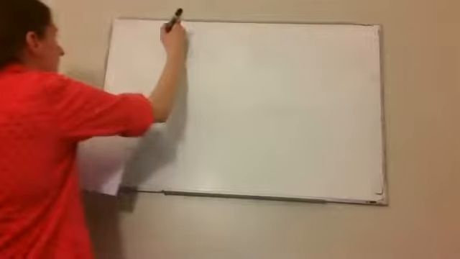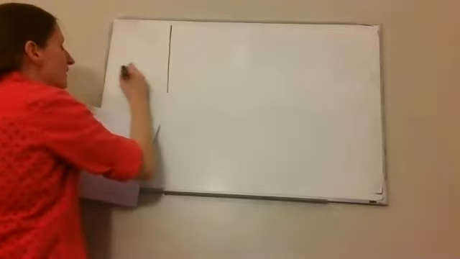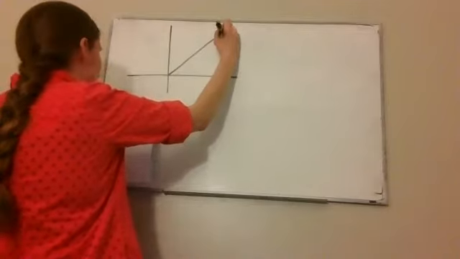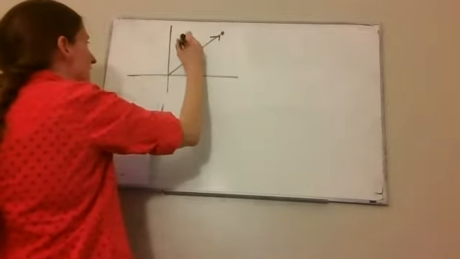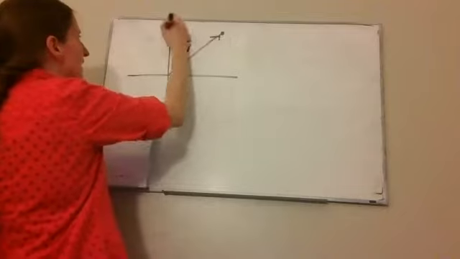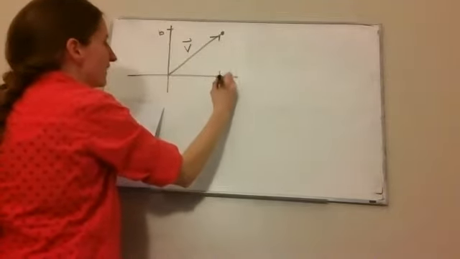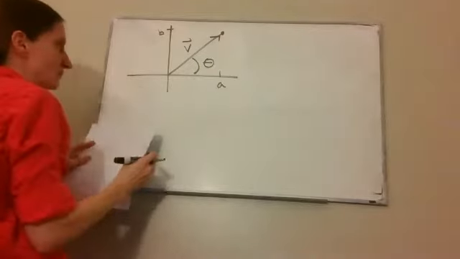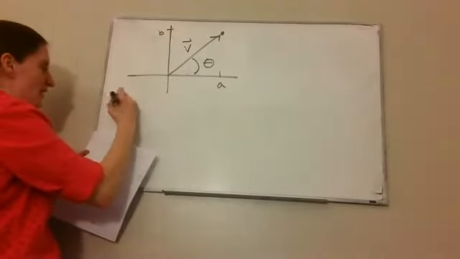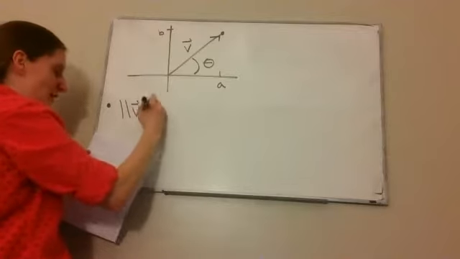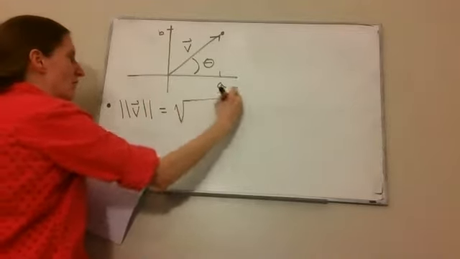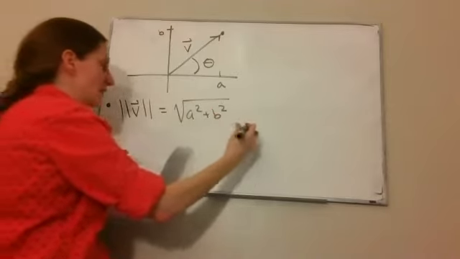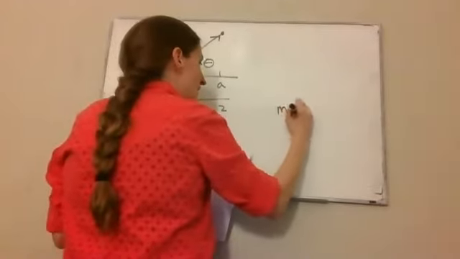So here is my vector AB in standard position, and here's angle theta. Then the magnitude of vector v, which we already know, is the square root of a squared plus b squared. That's our magnitude.